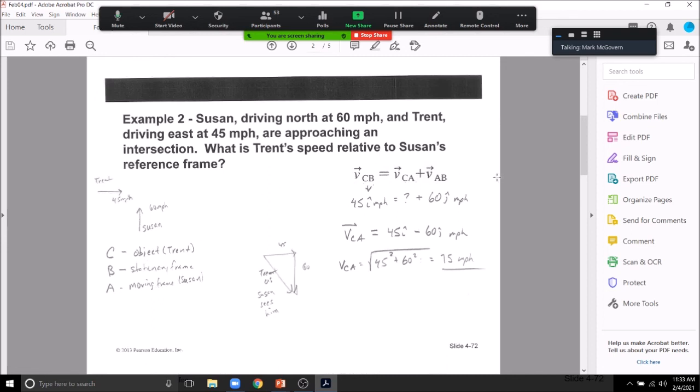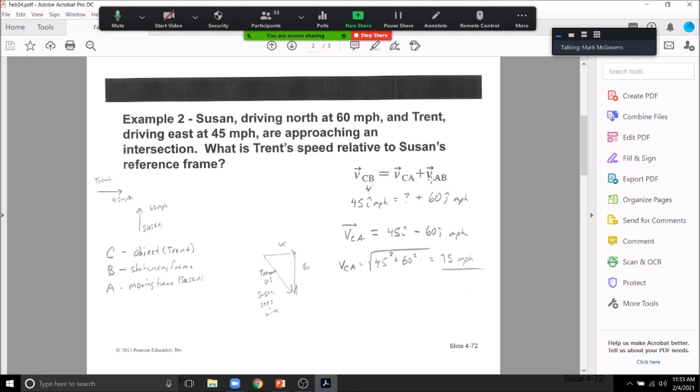You write the equation out and then very carefully follow the subscripts. The velocity of CB, that means the velocity of Trent relative to the ground frame. We know that. That's 45 i hat. We don't know CA. We don't know what Trent's doing according to Susan. We're going to figure it out.